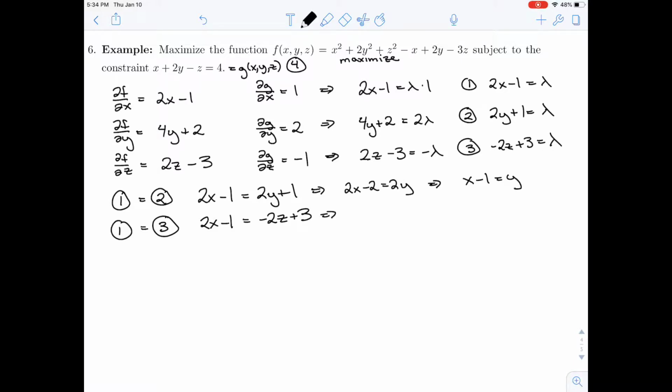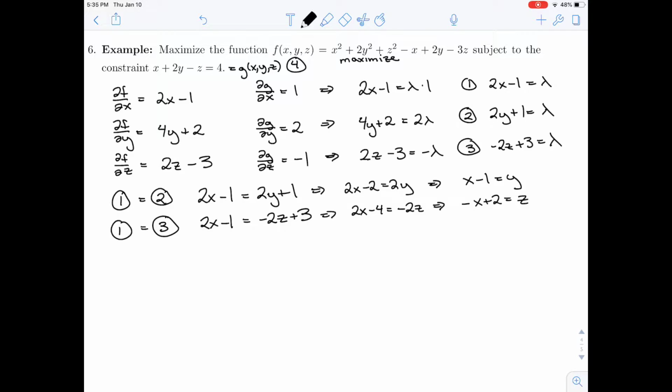And I will also see that 2x minus 4 is equal to negative 2z, so that negative x plus 2 is equal to z.